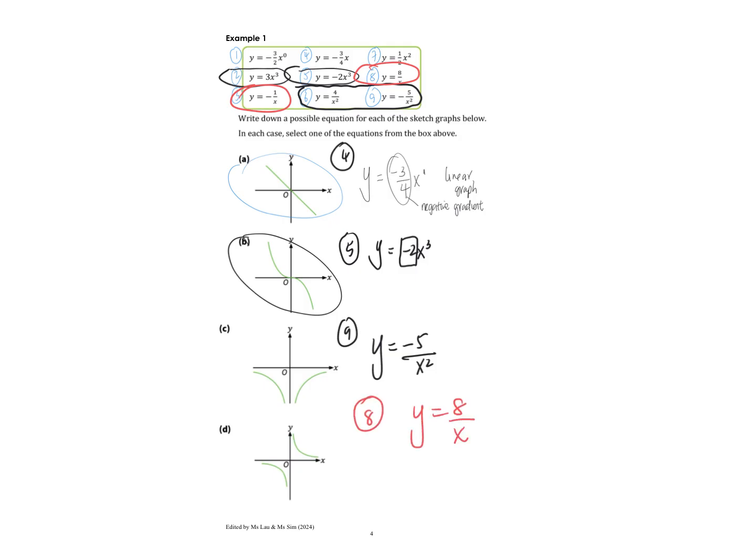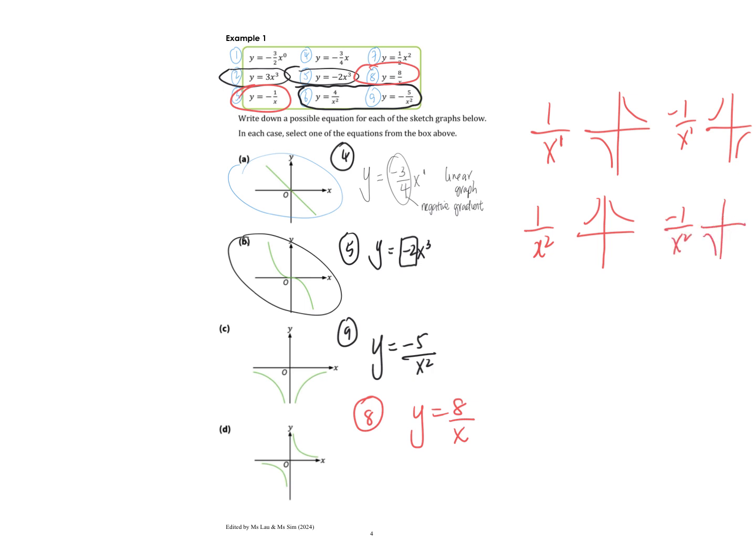So you all must know how to memorize the shapes. When it's 1 over x to the power 1, it is like this. When it's negative 1 over x to the power 1, it is the other side. When it's 1 over x squared, both are on top. When it's negative 1 over x squared, both below. So go and memorize these shapes. When it's x cubed, positive, it's like this.